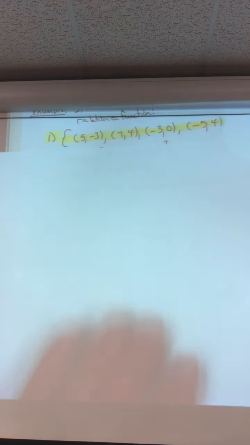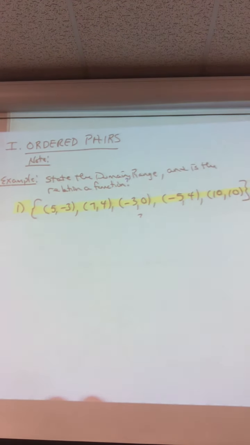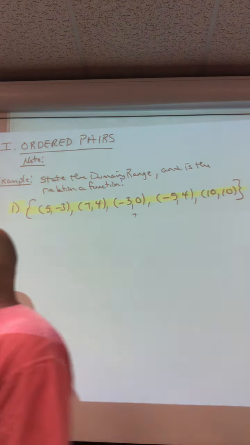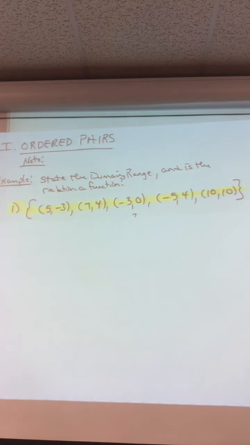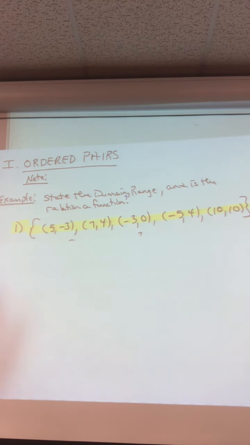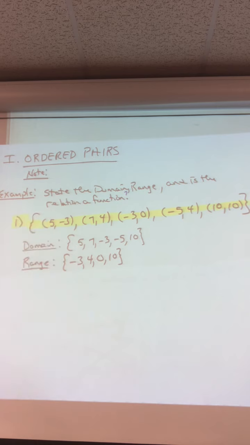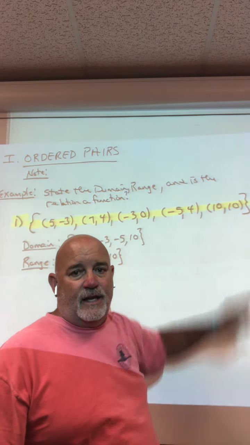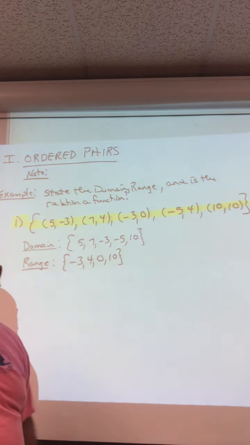Okay. So let's do these 2 examples now. So on this first one, and remember, you can pause the video if you need to. The domain is simply all of the first numbers, 5, 7, -3, -5, and 10. There's the domain.